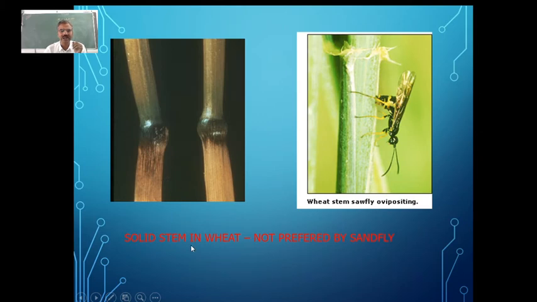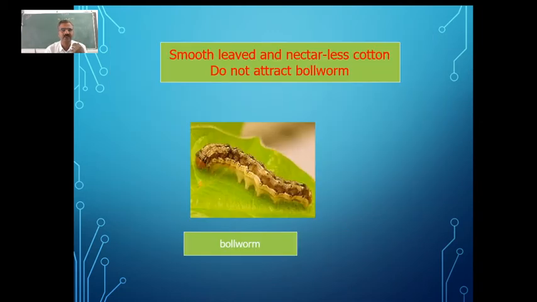In some cases like wheat, they have a solid stem. Because of the solid stem, they cannot be preferred by any sawfly. So they cannot suck the nutrients from the plants here. That's why the solid stem is there. That is an adaptation in the case of plants. That is the morphological adaptation.